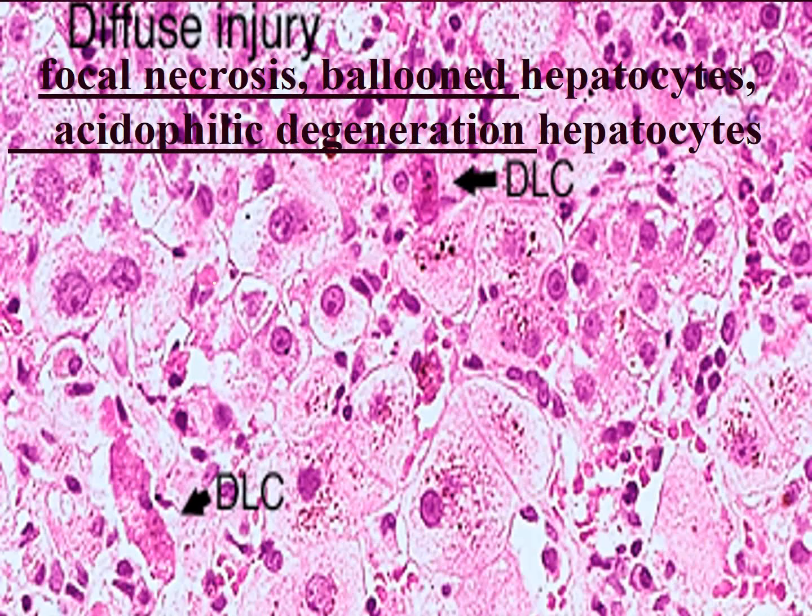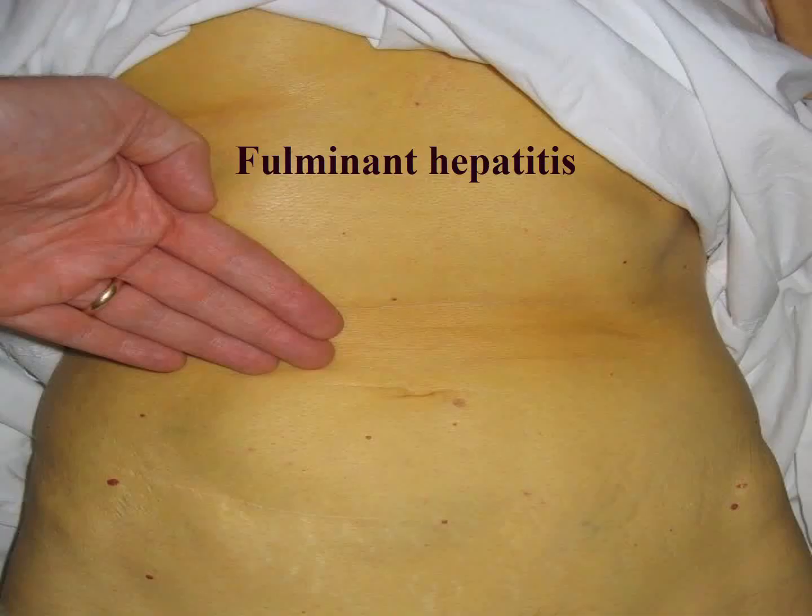The classic type shows focal necrosis, ballooning of the hepatocytes, and acidophil bodies. Therefore, don't forget, this is the fulminant type.